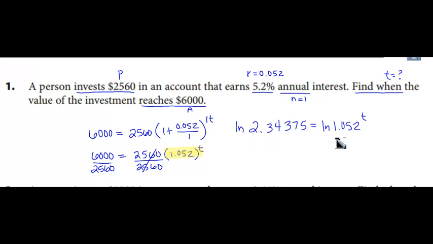The reason we take the log of both sides is because there's a property that tells us an exponent can come to the front as a coefficient. So now, the t is a coefficient times the log of 1.052. To solve for t, I'll simply divide this logarithm on both sides.